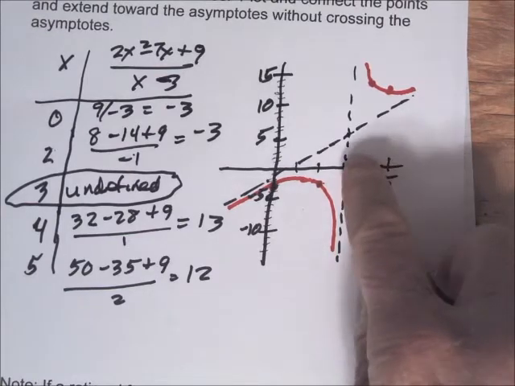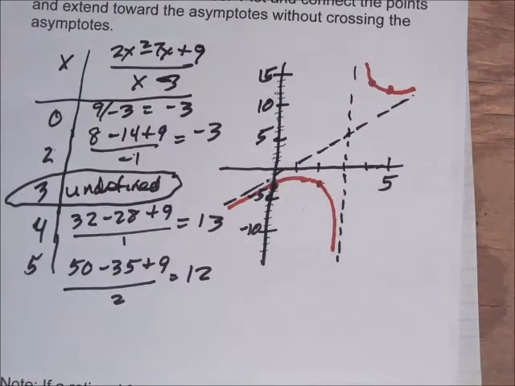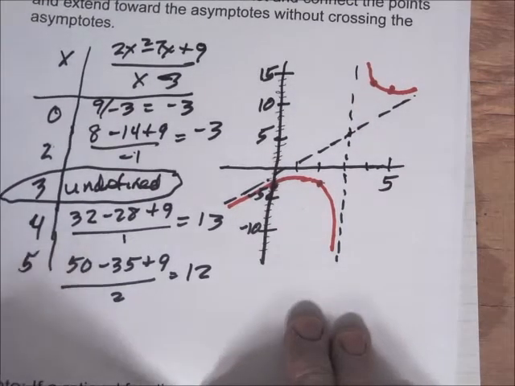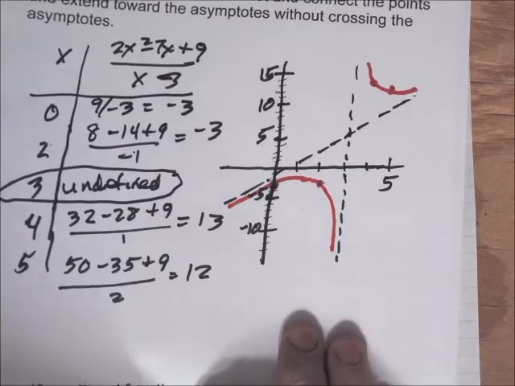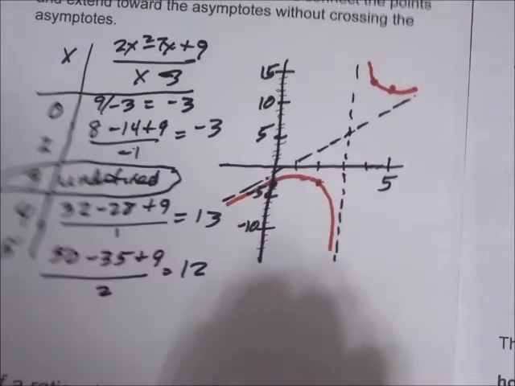As x approaches 3 from the right, the function values approach positive infinity. But we'll get into limits a little bit later, but this gives a nice visual representation of limits. And the next example will be an even better illustration of limits.